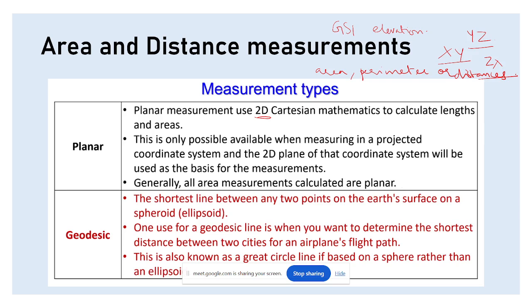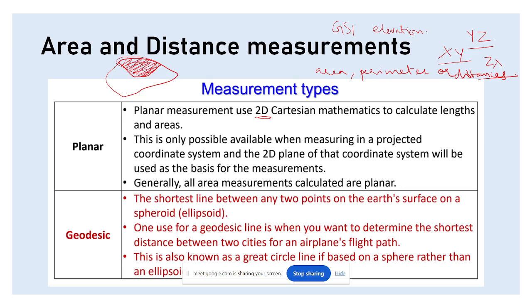So generally all area measurements are calculated in planar. For example, if you have an image like this, this area we will be calculating in a planar manner, like 2D. Of course it might have a three-dimensional aspect, but we will not consider that. We will just look at this part, not the elevation or depression part. We will just cover the area part.